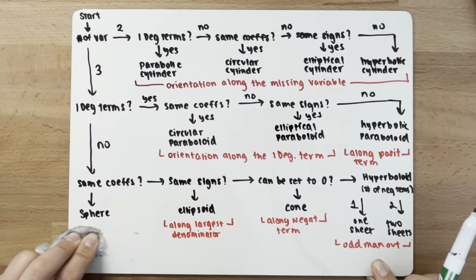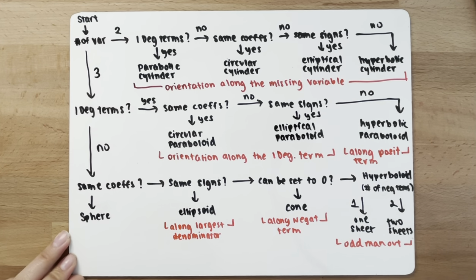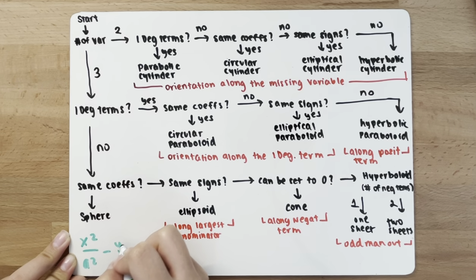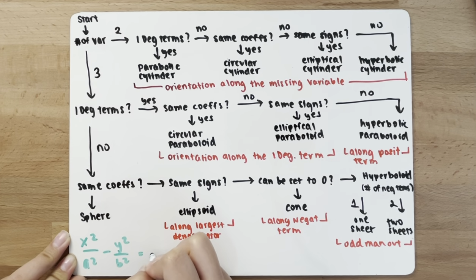For the hyperbolic paraboloid, the orientation will be along the positive term. So say for example, there is this equation, x squared over a squared minus y squared over b squared equals cz.